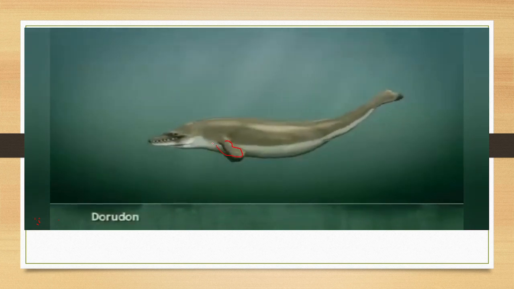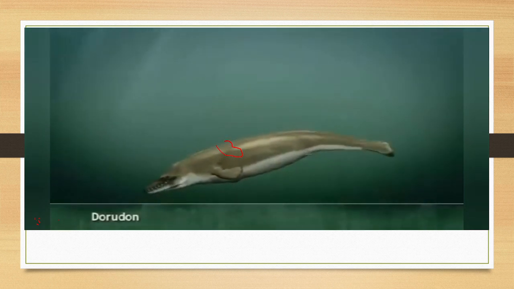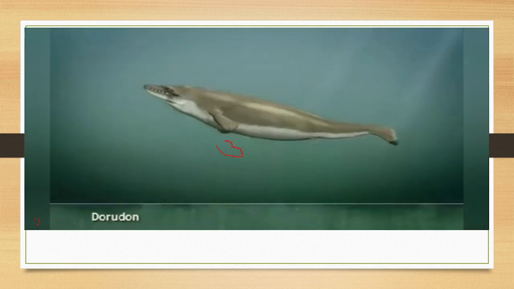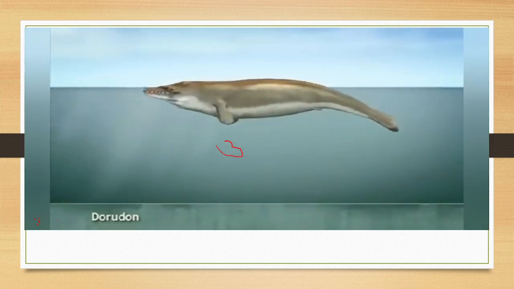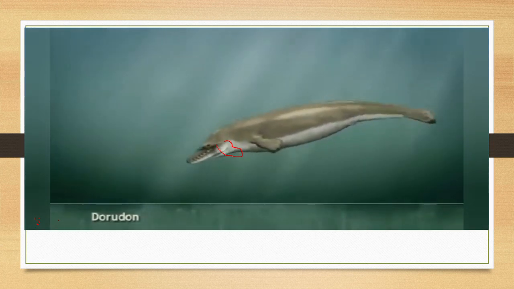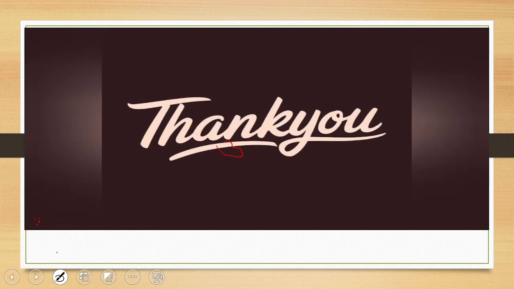Yes, the flippers came, and this led to the modern whales. So it is from the Pachycetus to the modern whales. Pachycetus fossils we can see in the Pakistan area. So from that the name came, Pachycetus. So that's all regarding this.